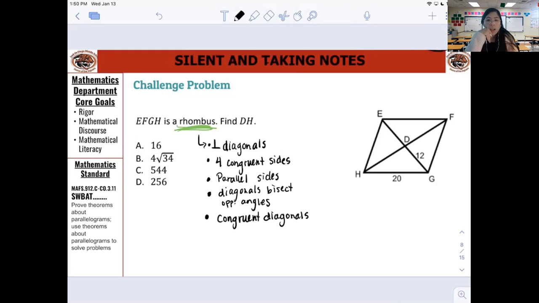So what I'm gonna do is label all of these things onto my diagram so that we can visualize it and then maybe pick out which one of these pieces of information is the most important. Starting with the first one, perpendicular diagonals. So I know that these are all 90 degrees.